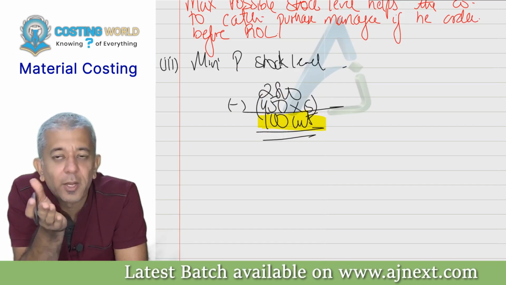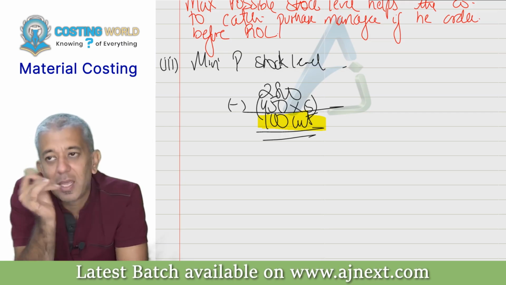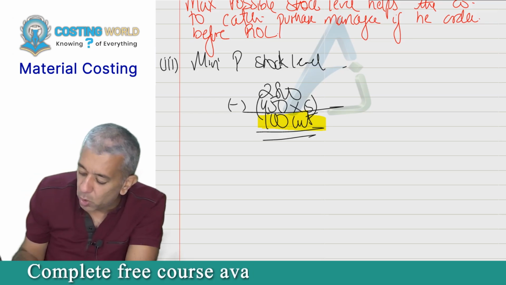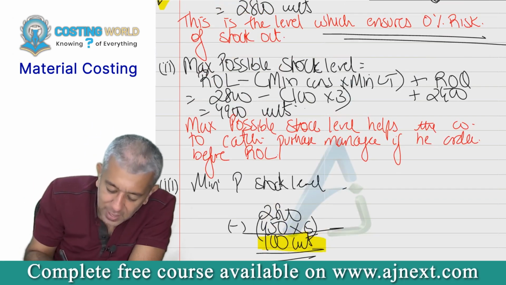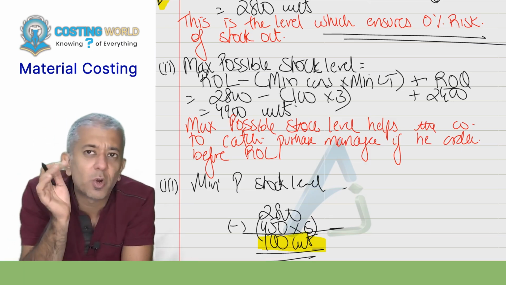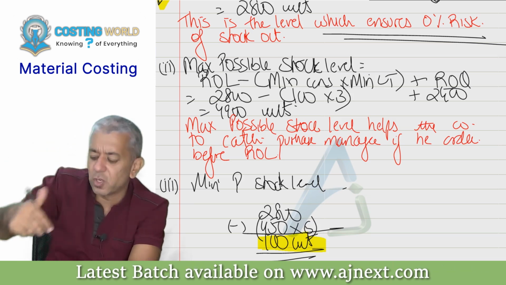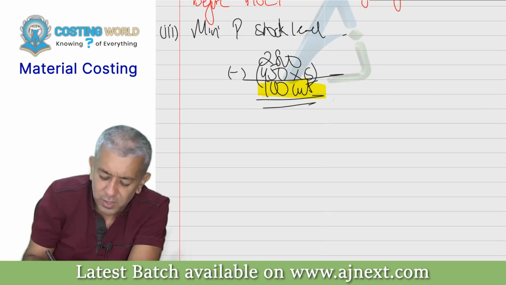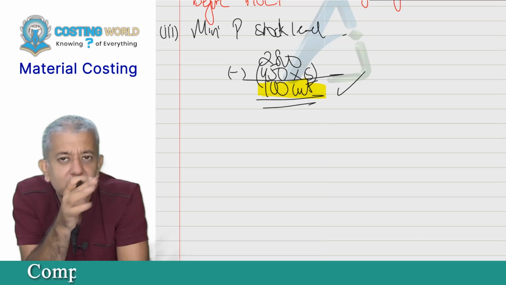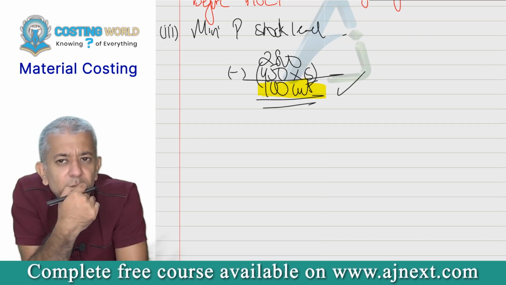So I am trying to say the reverse of that. If ever the stock goes below 100, that means the purchase manager has done what mistake? He has ordered after reorder level.